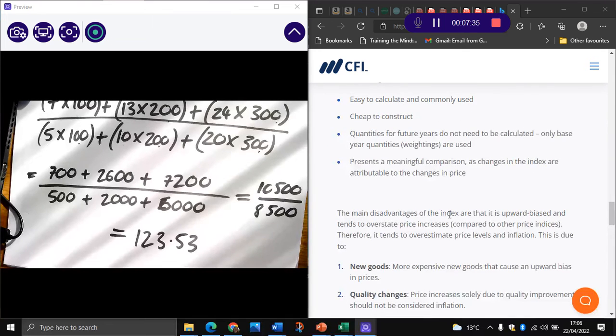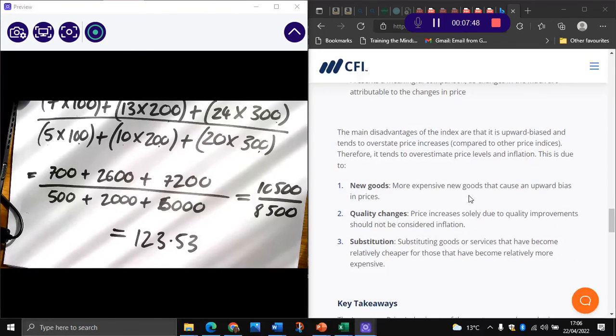The main disadvantage of this index is that it is upward biased and tends to overstate price increases compared to other price increases. Therefore, it tends to overestimate price levels and inflation. More expensive new goods can cause an upward bias in prices. Price increases due to quality improvements should not be considered inflation.